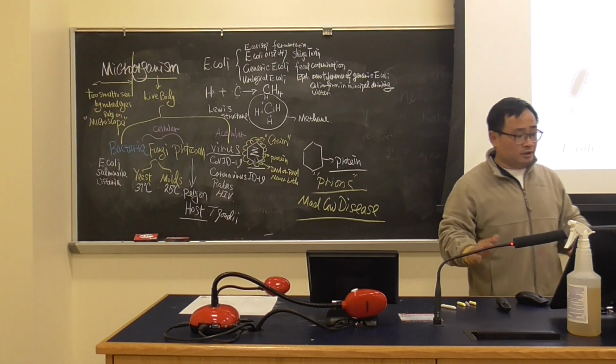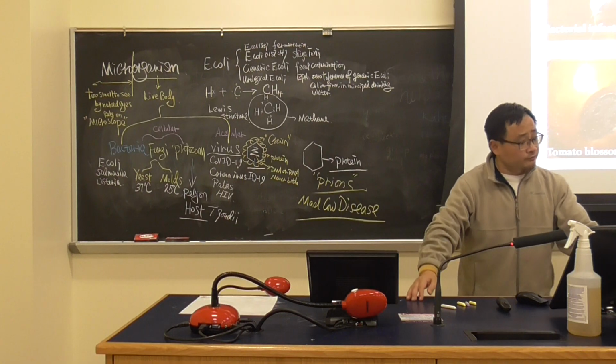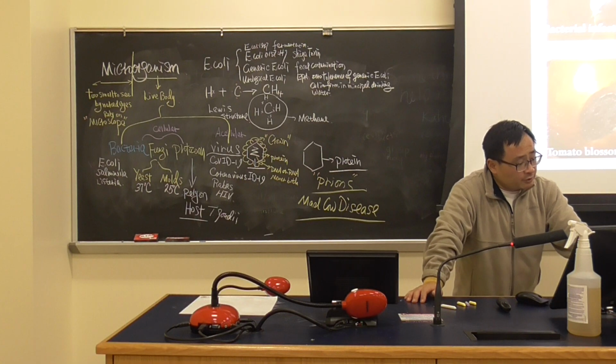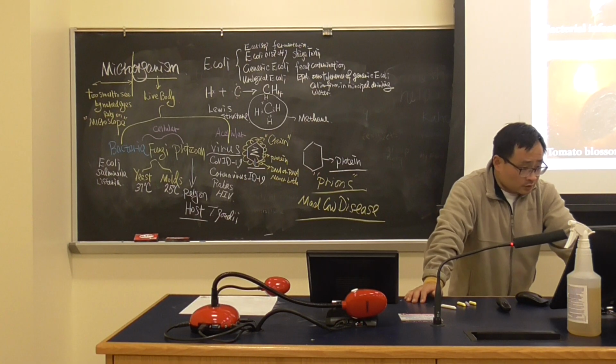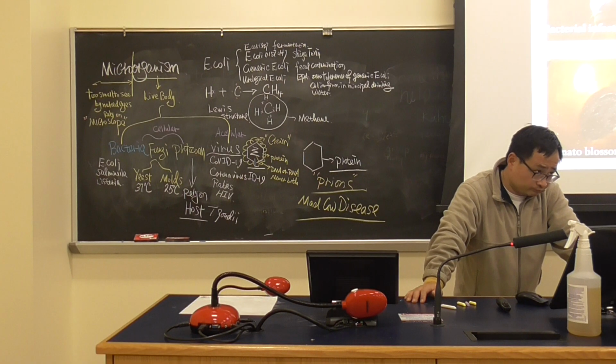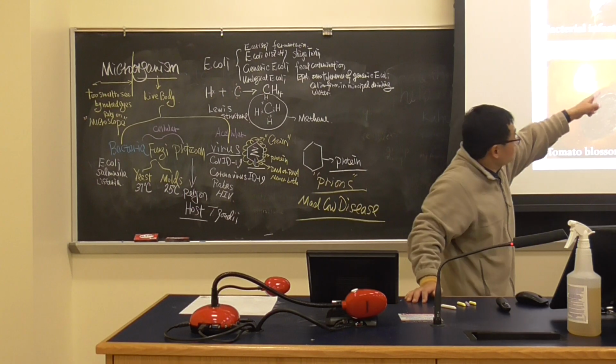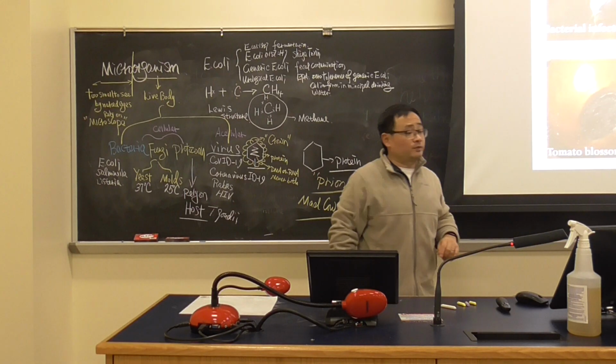Bacteria cause deleterious impacts. There are more examples. Fish, you see the bacterial infection? Which bacteria will cause the infection in the fish? Vibrio. Conjunctivitis of the eyes. And be careful about that.